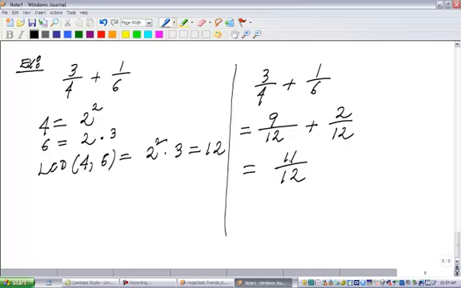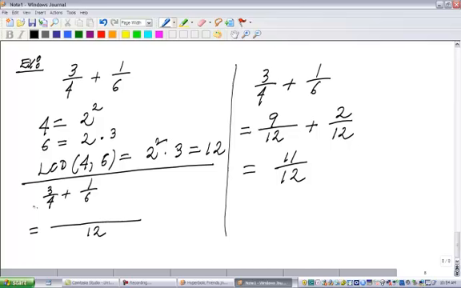How about the second way? The second way is I have 3/4 again plus 1/6. So what I do is I'm going to write a big fraction symbol. I'm going to put the LCD in the denominator. Now I'm going to divide 12 by 4. What is that? 12 divided by 4 is 3.